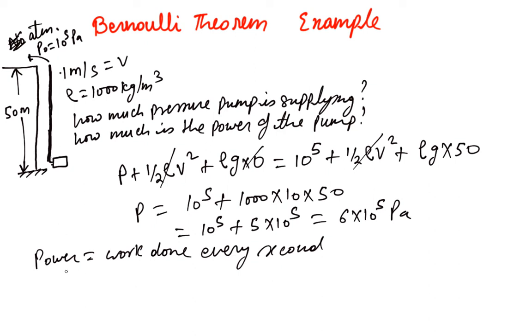So every second, how much is the volume of water being pumped by the pump? Every second, the volume of water is going to be the velocity of water times the area of cross section. I should have given the area, I'm sorry. Area is also given to be 0.01 meters squared. That is the area of the pipe.